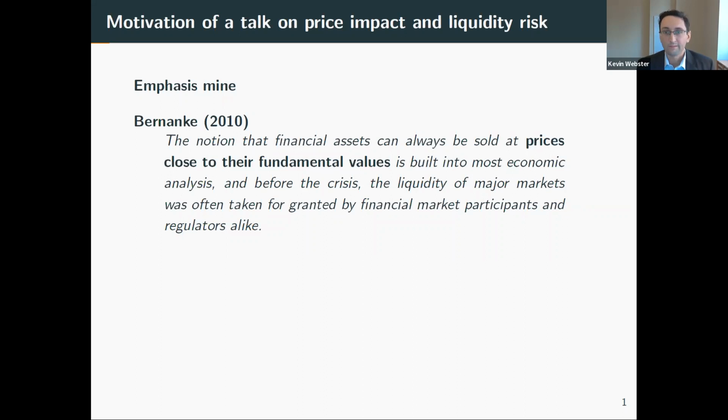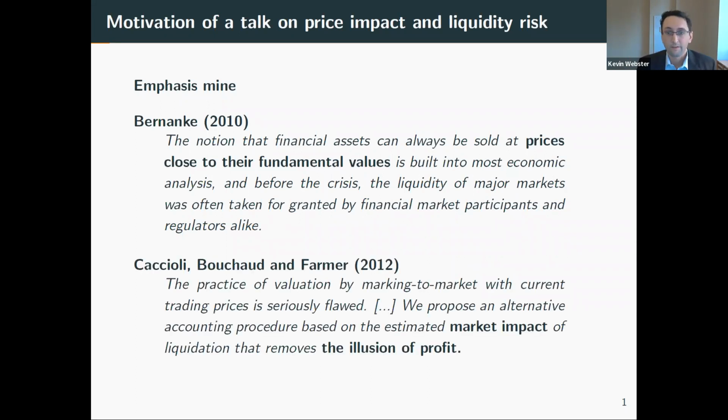This quote relates the financial crisis to price dislocations, and these price dislocations are due to trading. In the world of math finance, we call that price impact. The second quote comes from the seminal work by Caccioli, Bouchaud and Farmer, which I'm going to quote a lot. In this paper, they reiterate the point Bernanke makes about how price impact is a contributor to these liquidity crises, and they propose a solution. To quote the three authors, the practice of valuation by marking to market with current trading prices is seriously flawed.